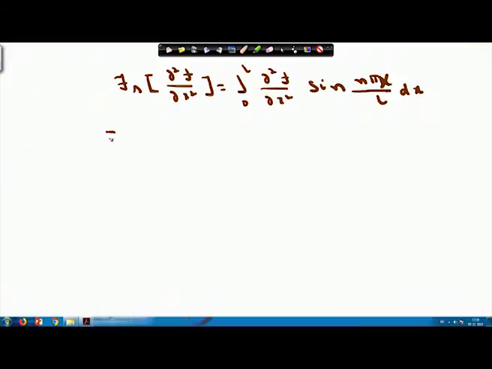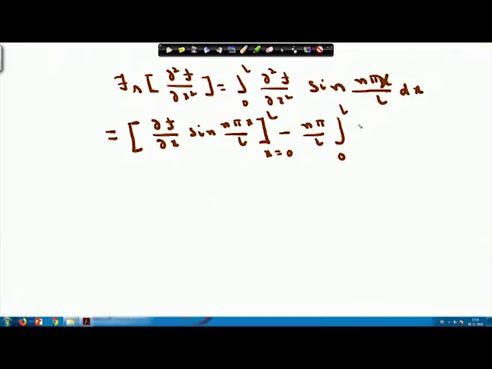So, the first part will be equal to del f by del x into sin n pi x by L, x from 0 to L, minus n pi by L into integral from 0 to L of del f by del x into cos of n pi x by L into dx. So, this first part will vanish.